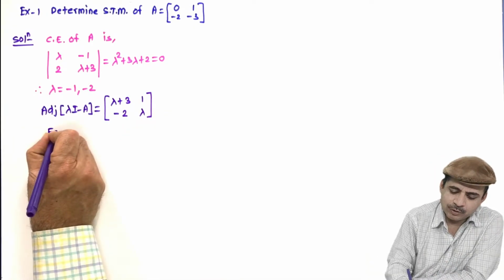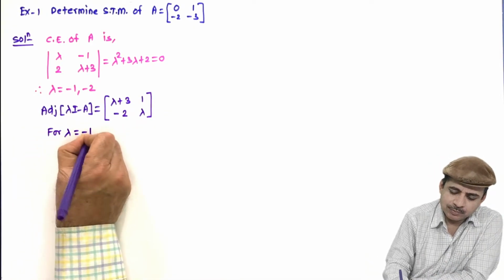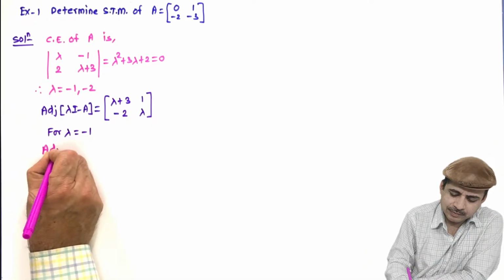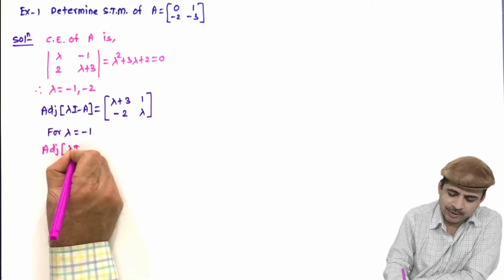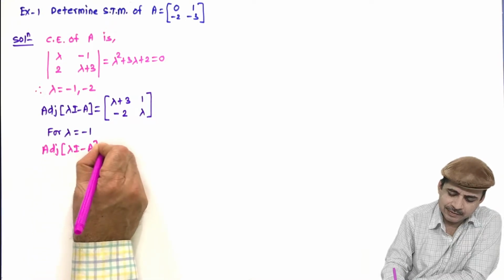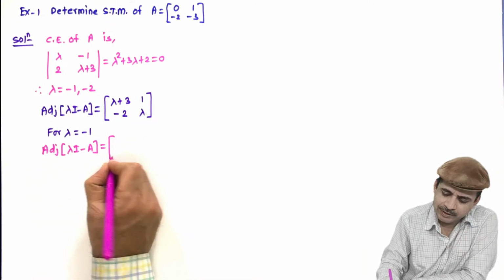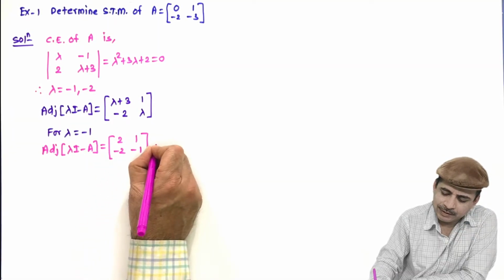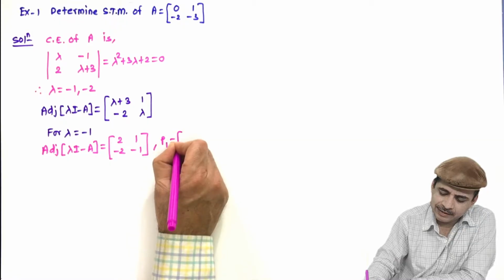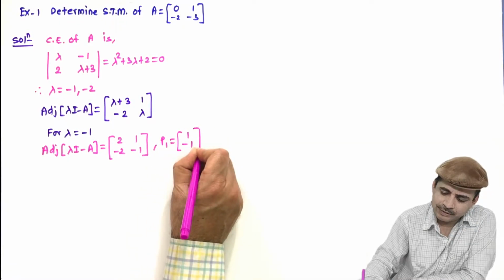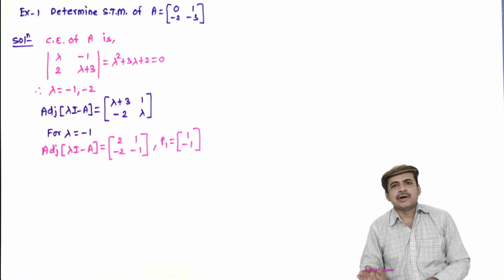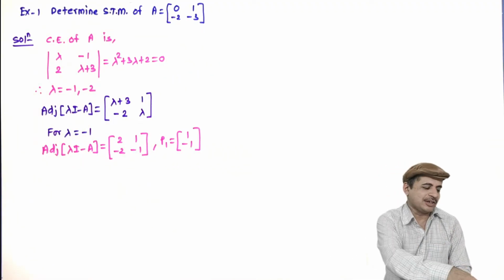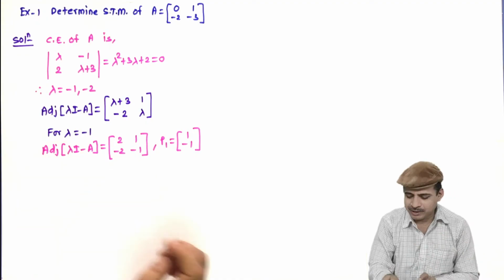For lambda equal to minus 1, the adjoint of lambda I minus A is [2, 1; minus 2, minus 1], and that means P1 I can take as [1; minus 1]. Even using the Vandermonde matrix we could have done this, as this is given in controllable canonical form, so the answer is known to me.